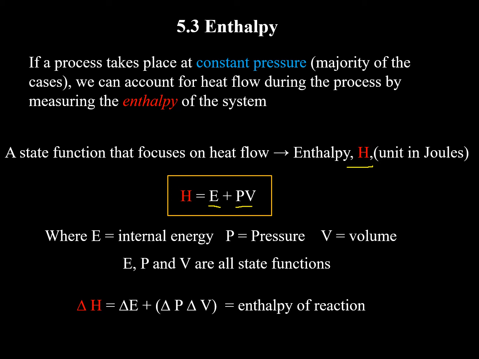We can show that at constant pressure, delta H is equal to Q. This little p means at constant pressure. We'll show you the easy proof on the next slide.